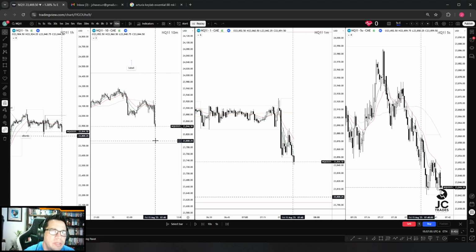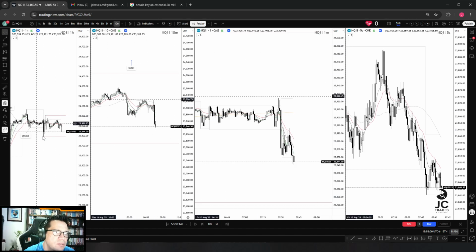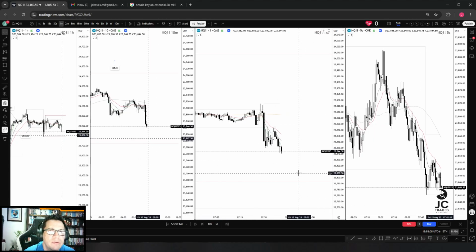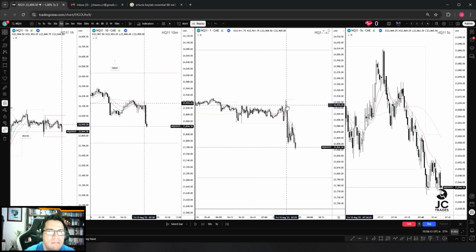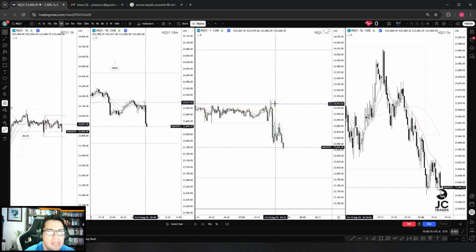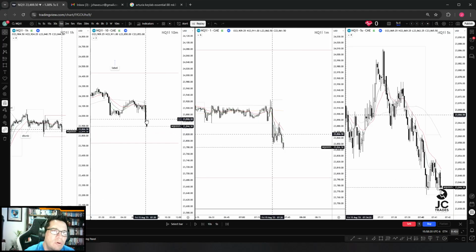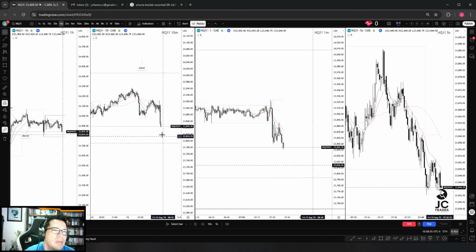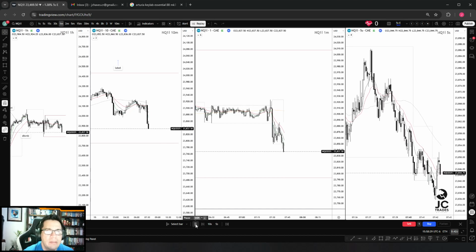But again, at this point, at just 10 minutes into the session, and due to this action here on the context time frame, I personally would wait for further confirmation to see if this kind of momentum that we are starting to see on the 1 minute is going to sustain to the downside, or if this is just going to fail, and once again we're going to have price go above the EMAs and kind of chop there. So we're going to keep on playing this one here.